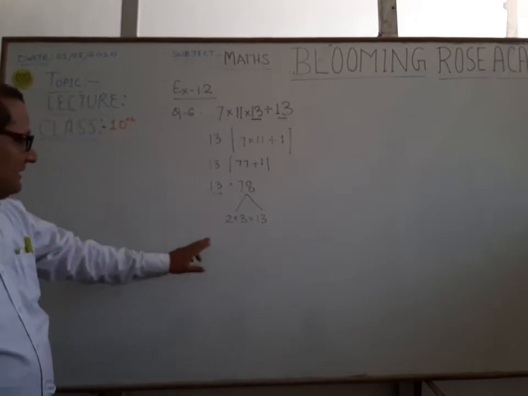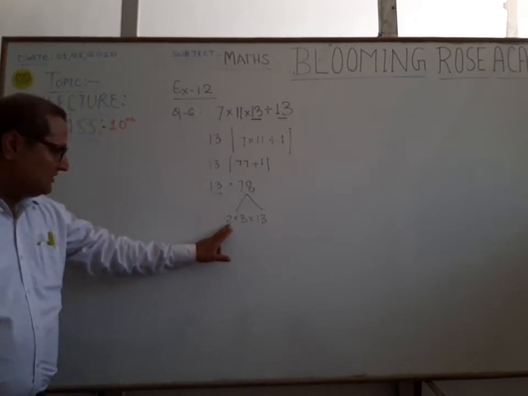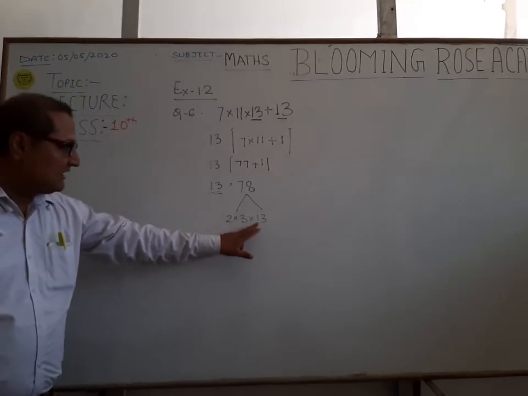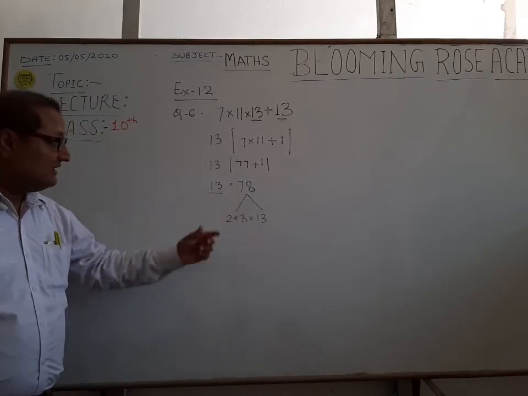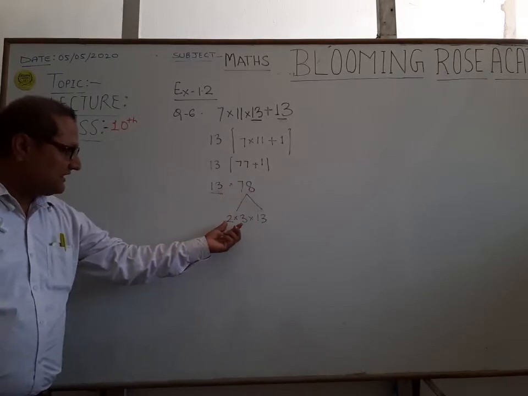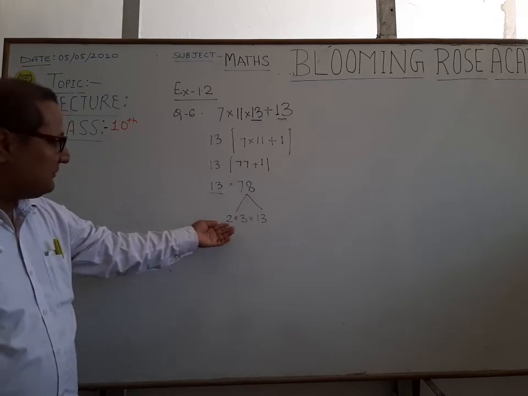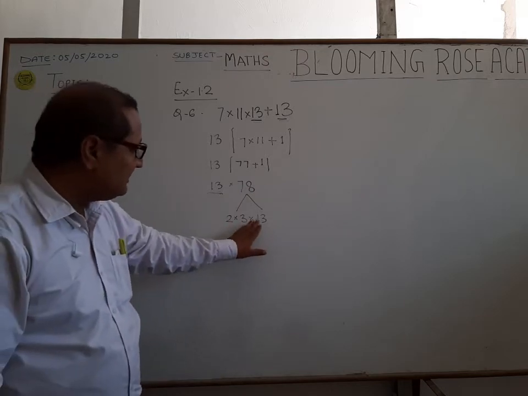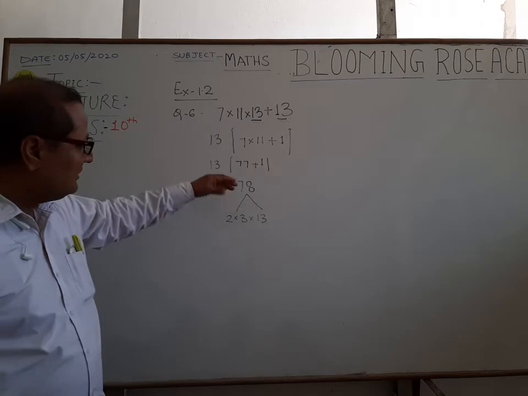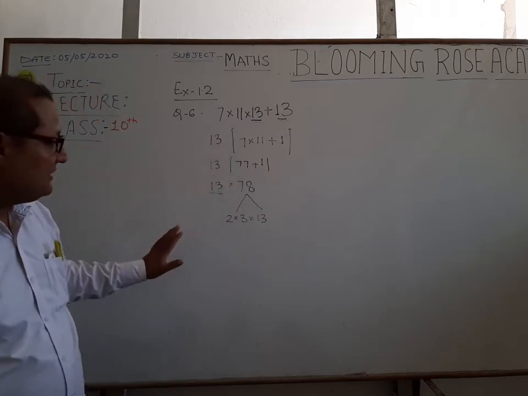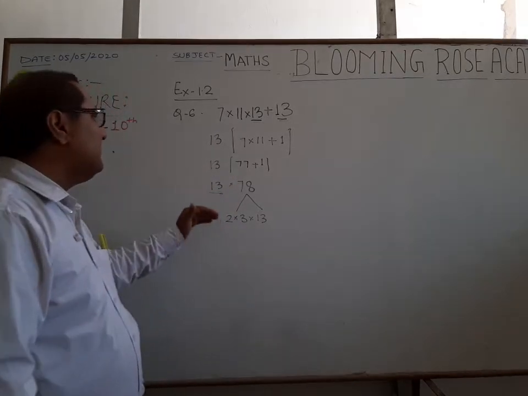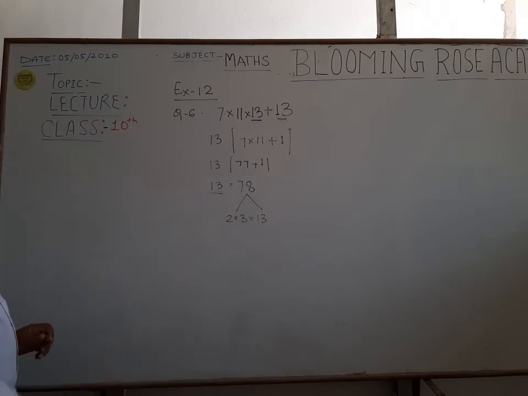If you multiply 2 by 3, it comes 6, and 6 times 13 is 78. So 78 has factors 2, 3, 13 itself, 78 and 1. So now we can say that this is a composite number.